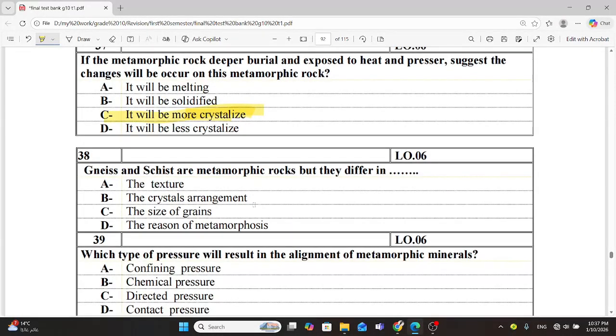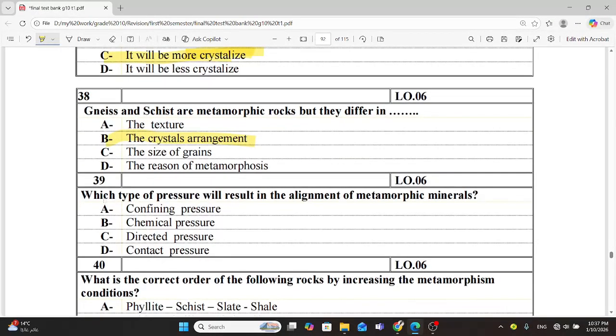Gneiss and schist are metamorphic rocks, but they differ in texture: the crystal arrangement, size of grains, or region of metamorphosis? It's the crystal arrangement. Which type of pressure will result in the alignment of metamorphic minerals? Pumping pressure, chemical pressure, direct pressure, or contact pressure?